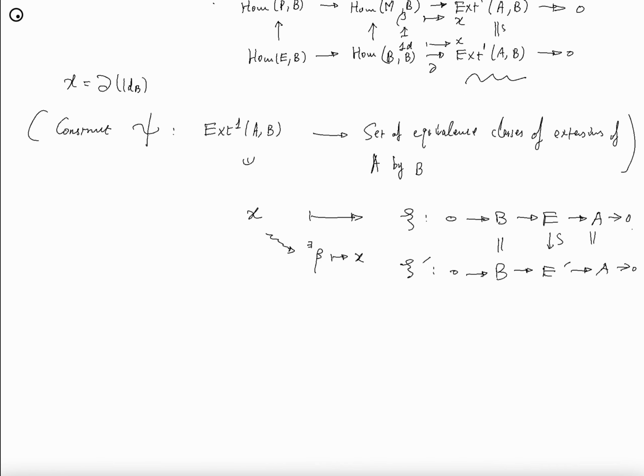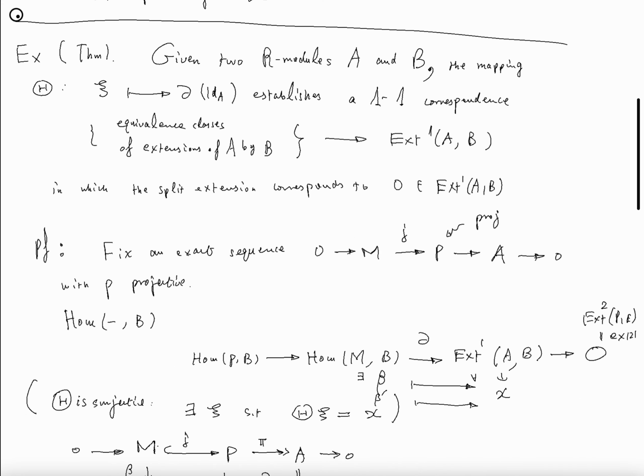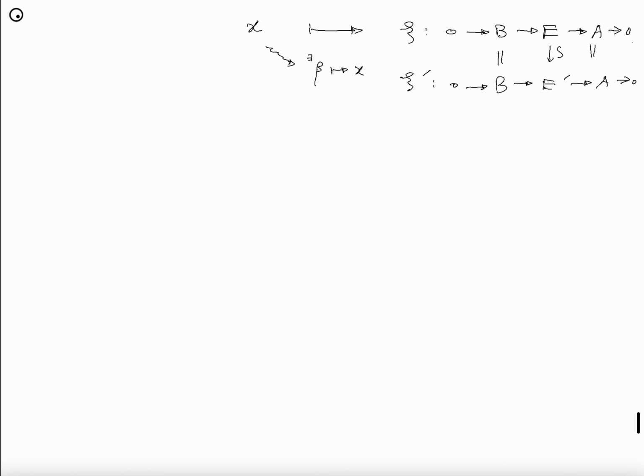The observation is that suppose we have beta prime. Let's go back to here. You have a beta prime, then notice this is mapped to 0, and so this is in the kernel of partial, and so there exists some map from P to B, let's call it F, that is mapped to beta minus beta prime. And now let's look at our short exact sequence.